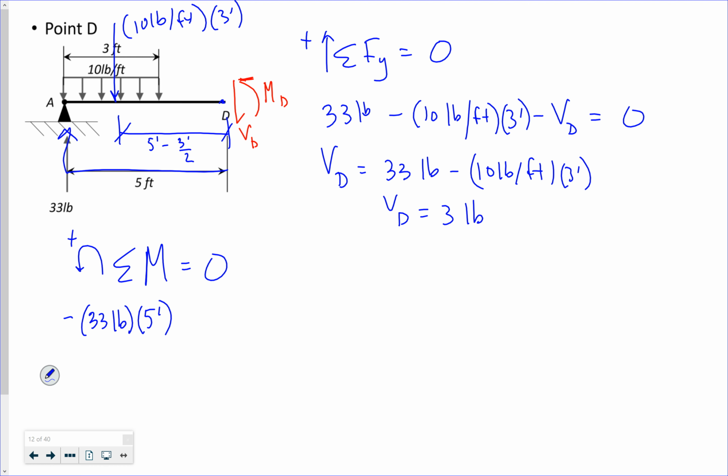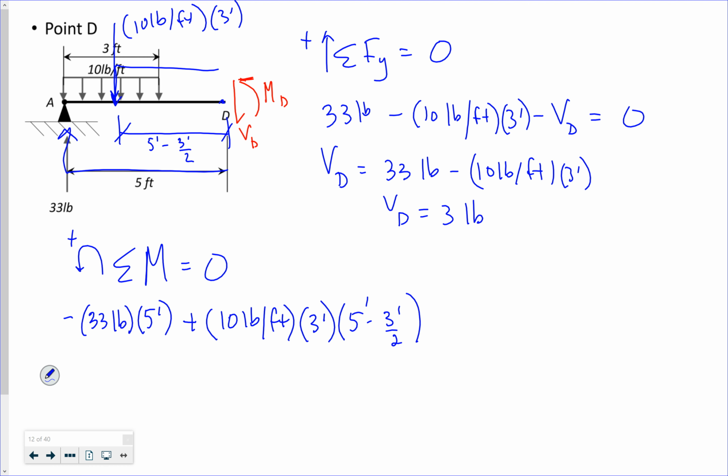So acting at that and then that direction, which is counterclockwise, which is positive. I have 10 pounds per foot times 3 feet times 5 feet minus 3 feet over 2.